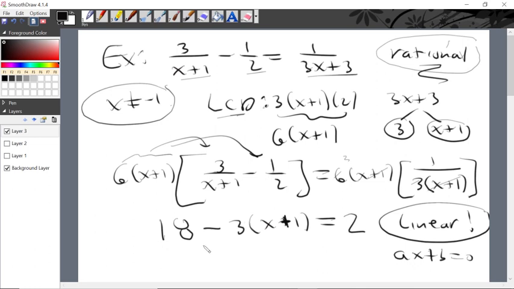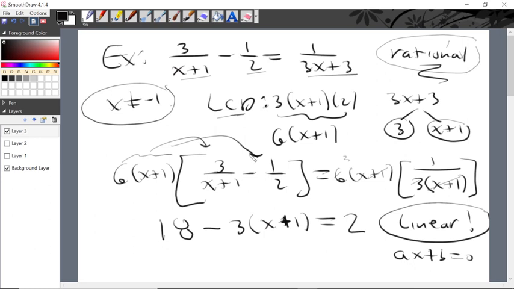Suppose, and this can happen in some examples, we were to solve this linear equation and get exactly the number that we didn't want back here. We would want to be sure to check our solutions, either by plugging the number back into the original equation up here where it could have caused a problem, or by checking it against the domain restriction.